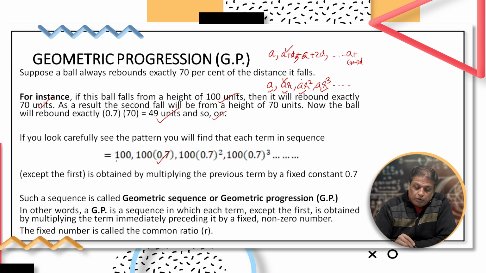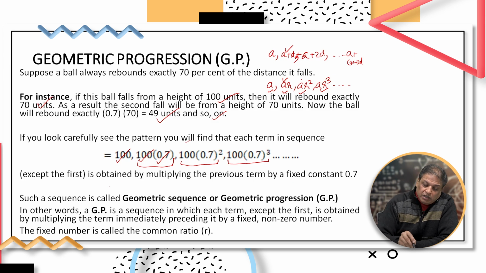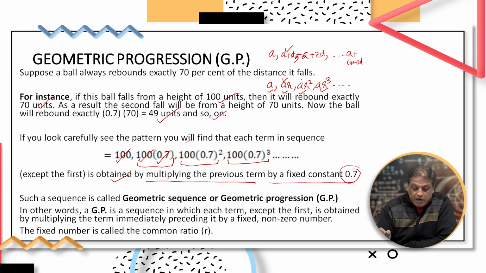Firstly the ball was thrown from the height of 100, then it rebounds up to 70% of 100, so 100 into 0.7, then 100 into 0.7 square, and so on. That means the successive terms are obtained by multiplying the previous terms by the fixed constant 0.7. Such a sequence is called a geometric sequence or geometric progression.